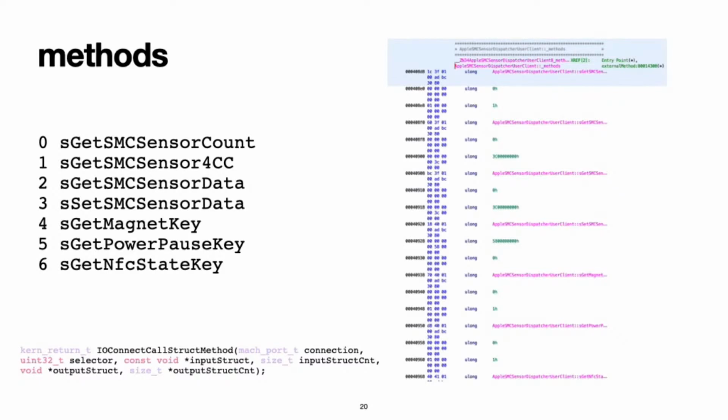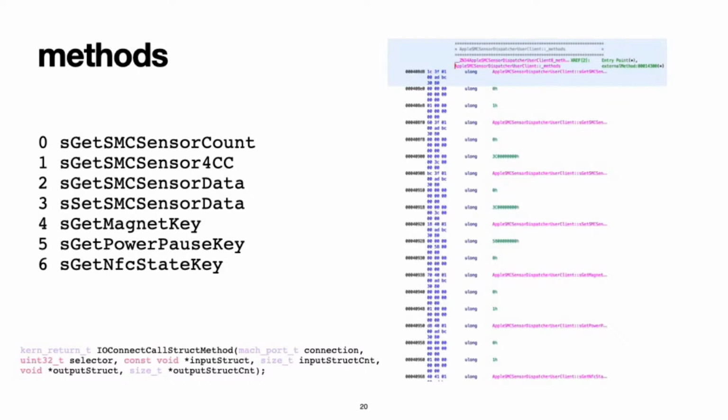First, we use sget SMC sensor count to query the number of sensors we can get. Second, we can get 4cc names of those sensors with sget SMC sensor 4cc. Then we can retrieve sensor values with sget SMC sensor data.